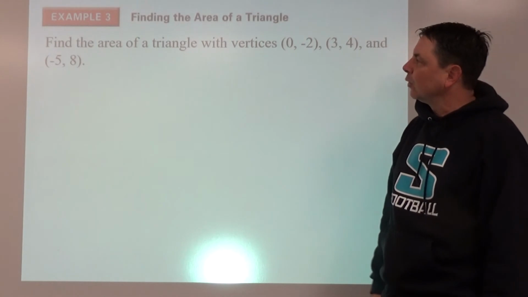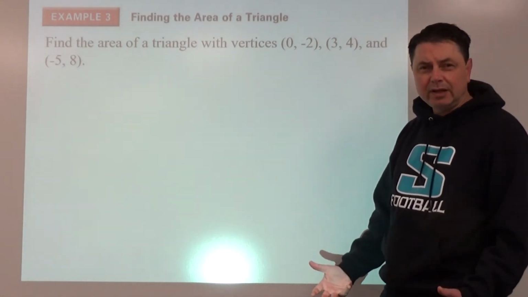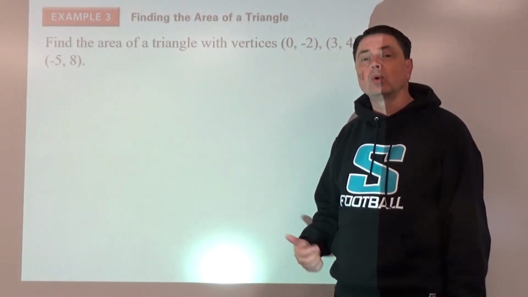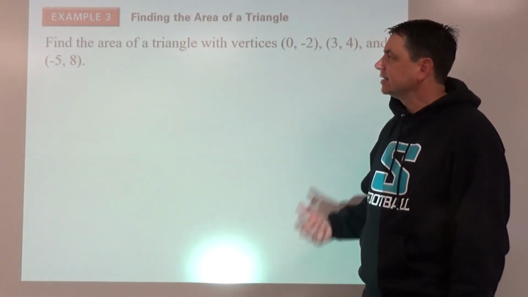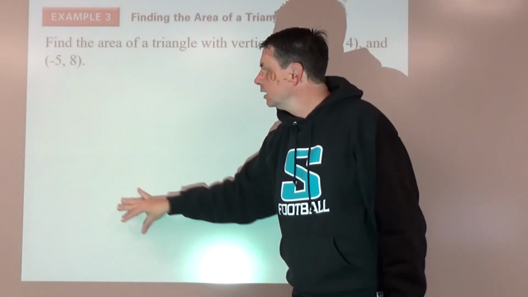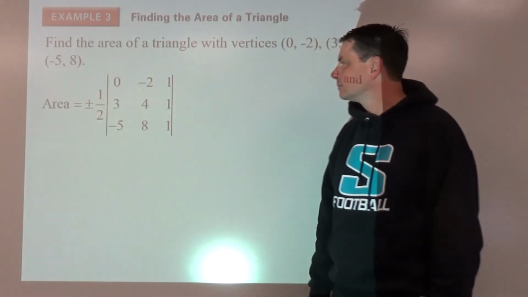So here are our vertices of the triangle. Let's set this up. Area of the triangle is equal to plus or minus 1/2 times the determinant. We'll stack those in columns with the 1s right here.